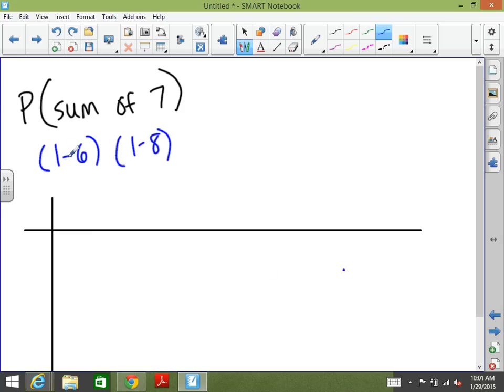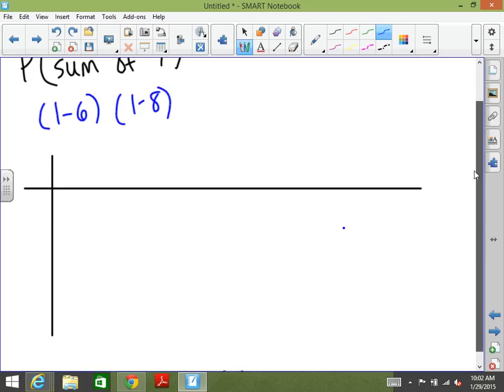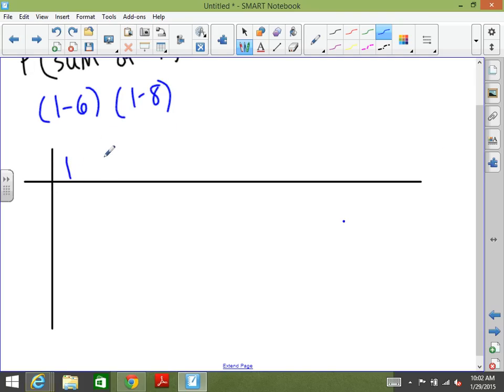Now, it doesn't matter if you put the 1 through 6 on top or if you put it on the side. You can do it either way you want to. I'm going to do my 1 through 8 on top, so I don't have to scroll down so far. Then I'm going to do my 1 through 6 over here.